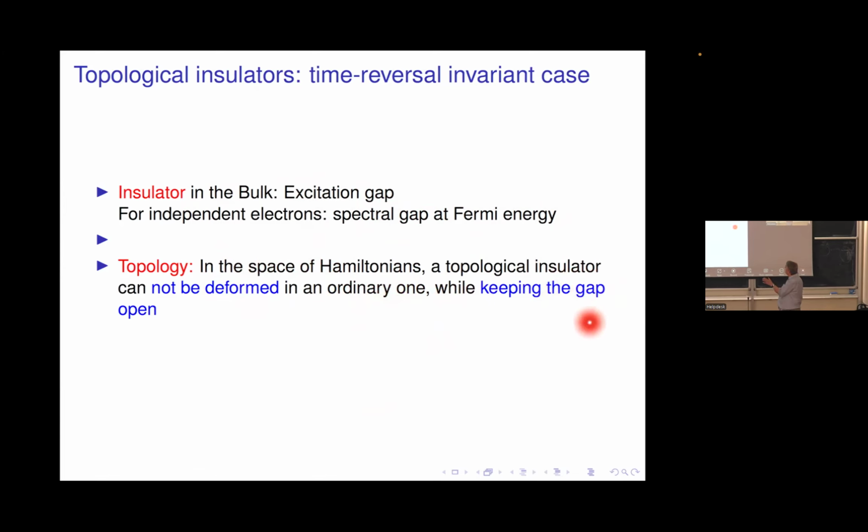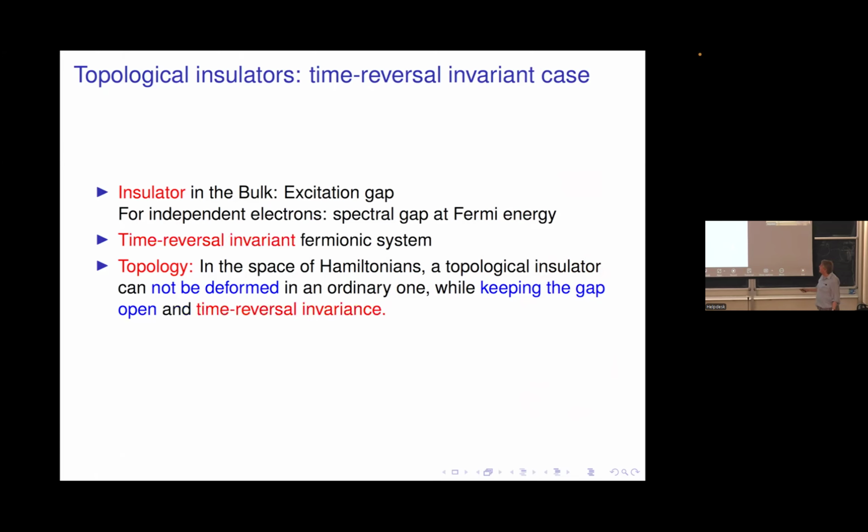If you start closing the gap, then the Fermi bundle which I defined no longer exists, because the fibers don't have a constant dimension anymore, so it doesn't qualify as a vector bundle. So the fact that it's an insulator manifests itself in the very existence of the vector bundle.